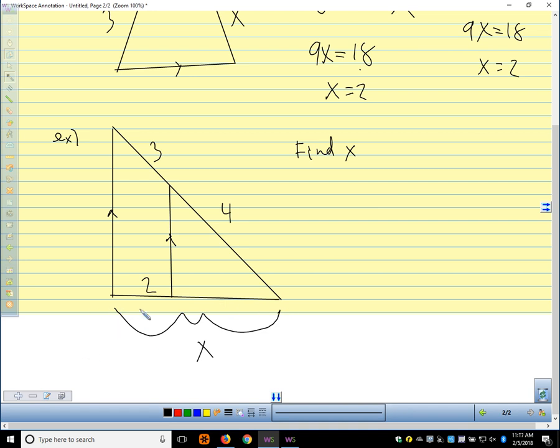Well, this x is the whole side of the triangle. So if we want to make a ratio with this whole side of the triangle, we need to know the whole side of the other side of the triangle. So what would that be? 7. We could add those together.